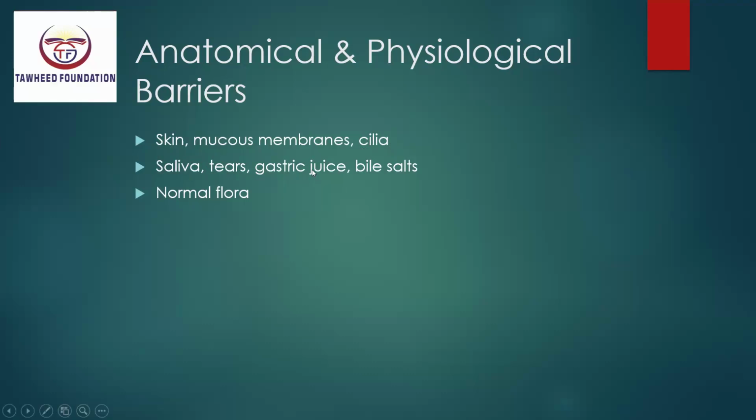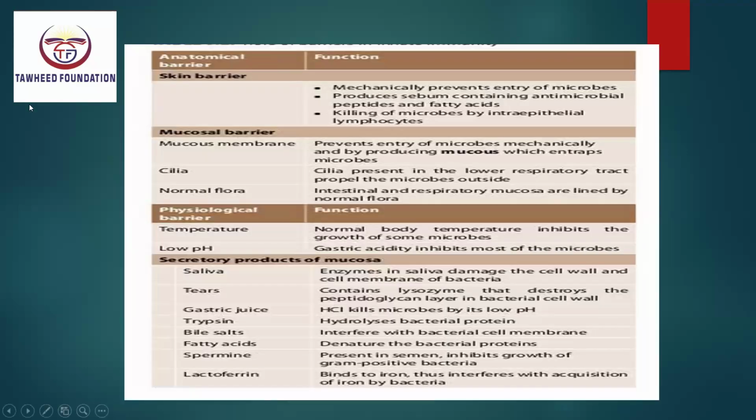Gastric juice: HCl kills microbes by its low pH. Bile salts interfere with the bacterial cell membrane. Last, normal flora: intestinal and respiratory mucosa are lined by normal flora, which helps to kill bacteria. These are the examples of anatomical and physiological barriers along with functions.